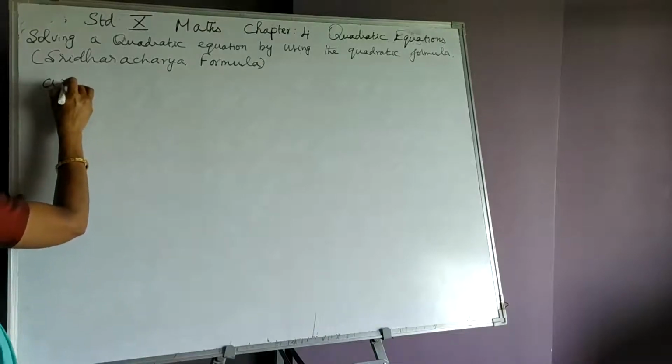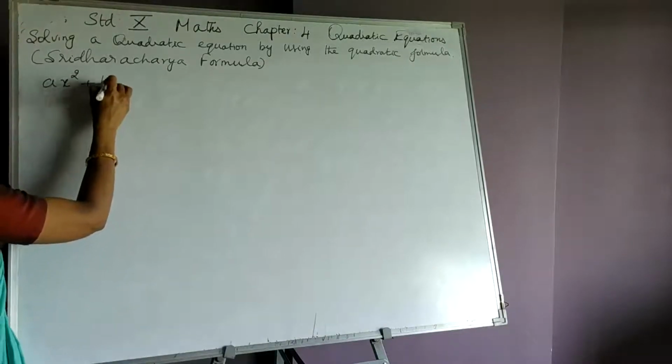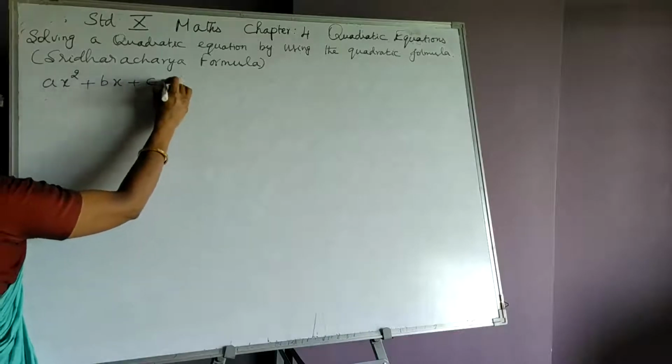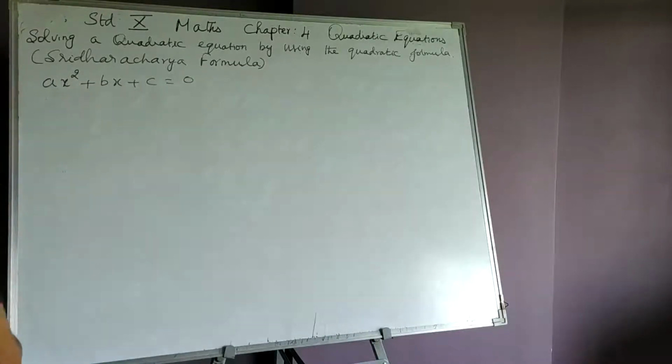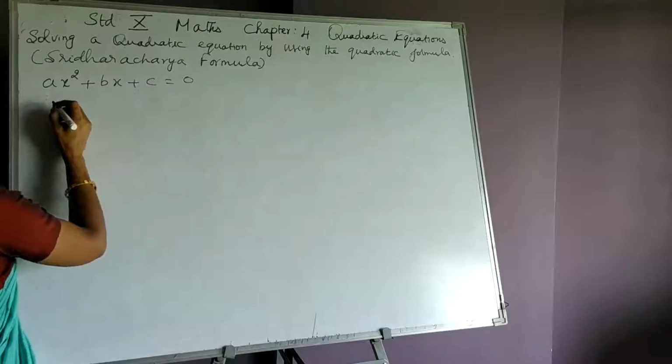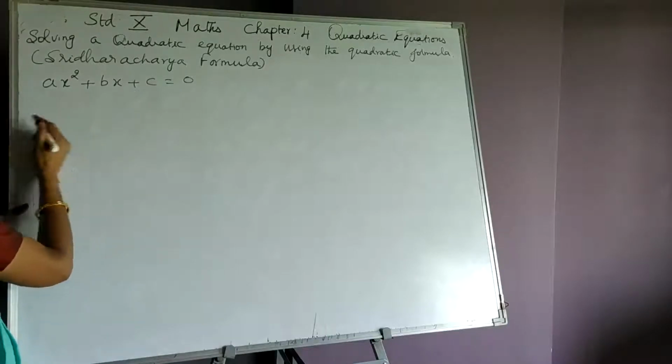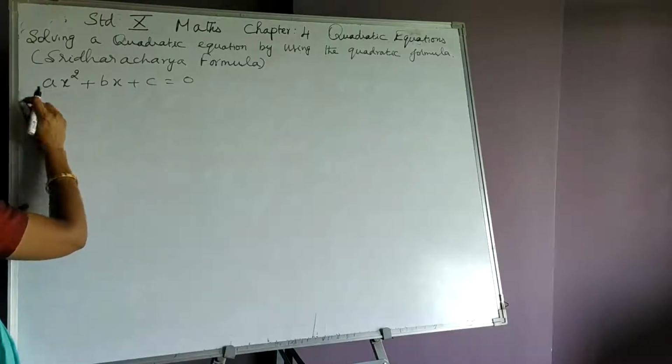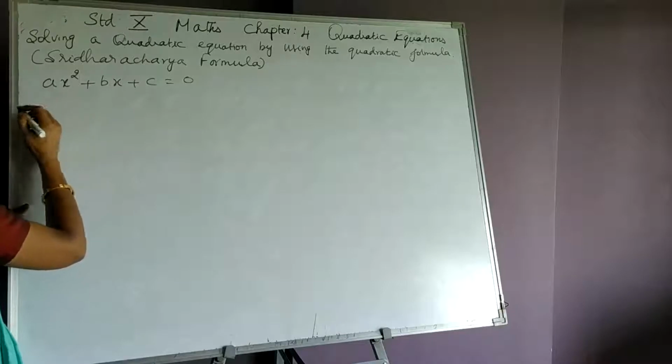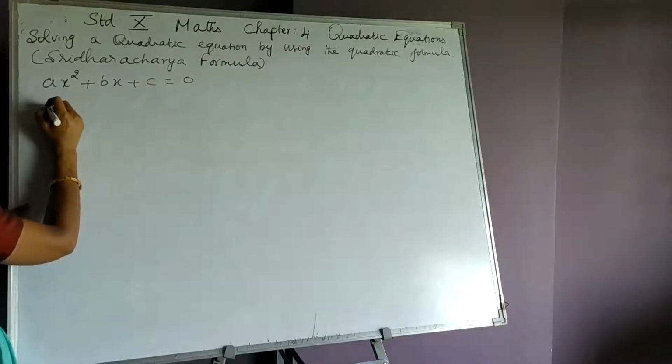We know the standard form of a quadratic equation is ax square plus bx plus c equal to 0. We are going to choose a suitable multiplier. We cannot take any multiplier. The suitable multiplier is 4a.